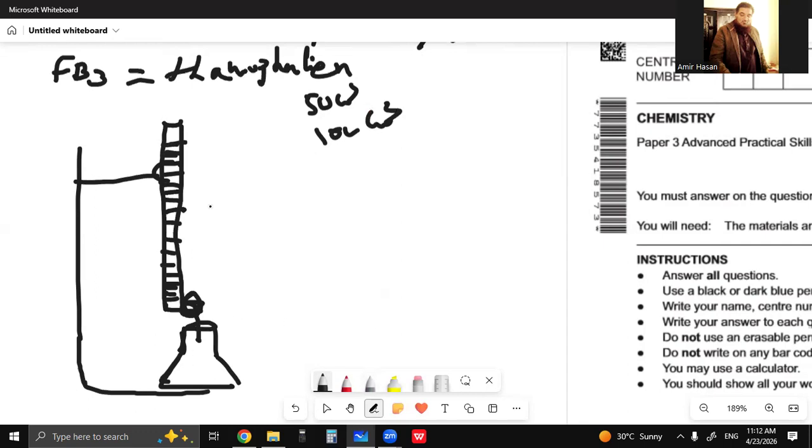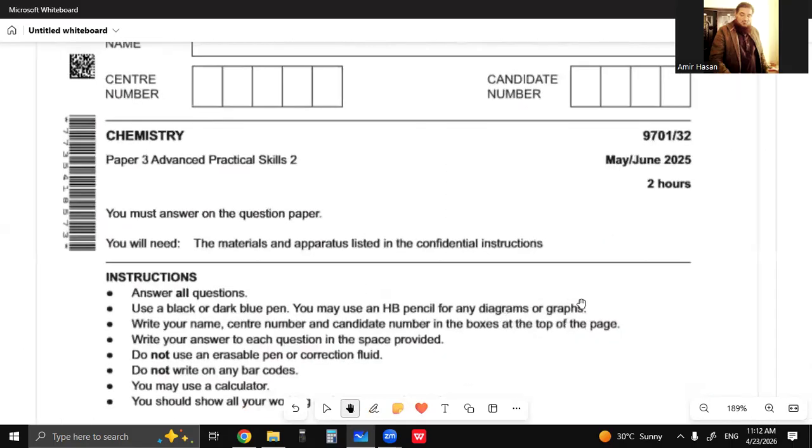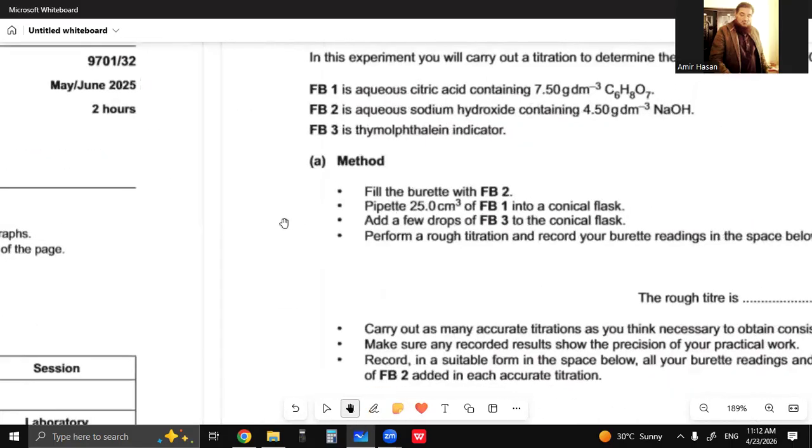What is the solution in the burette? It is FB2. What is FB2? It is sodium hydroxide. We put the solution of FB2 in the burette. And secondly, pipette 25 cubic centimeters of FB1 into the conical flask.